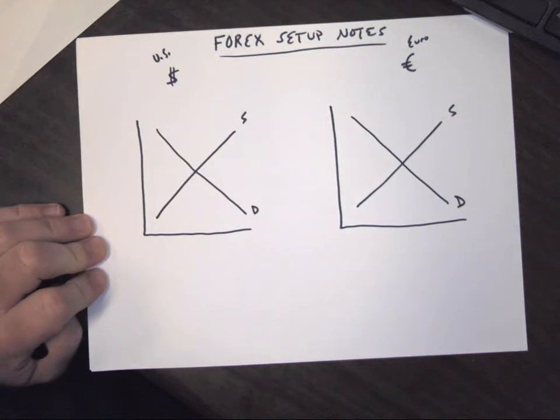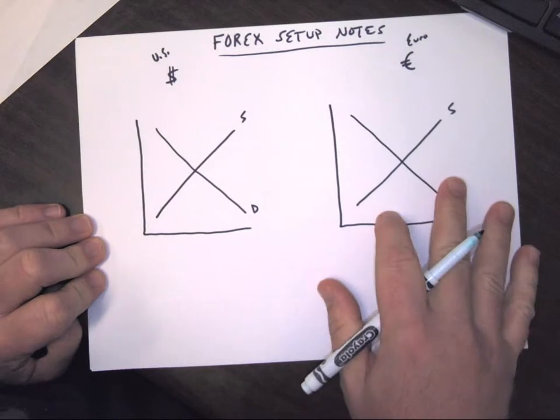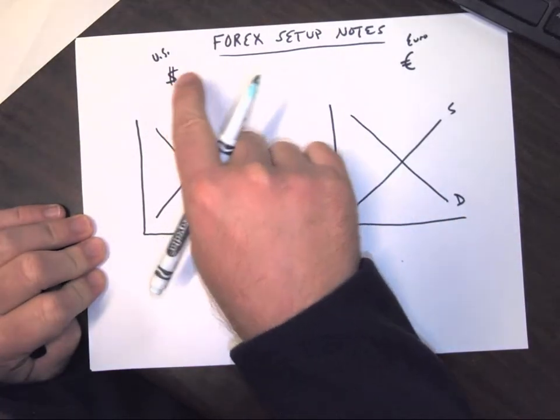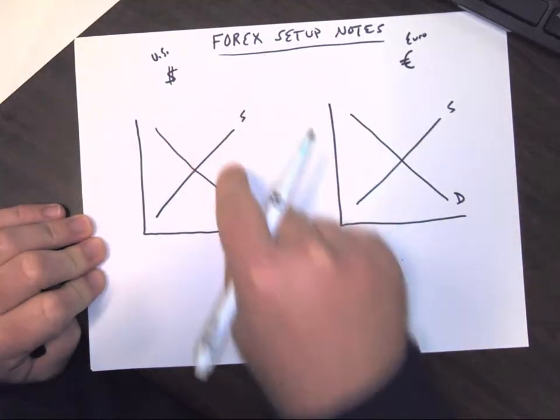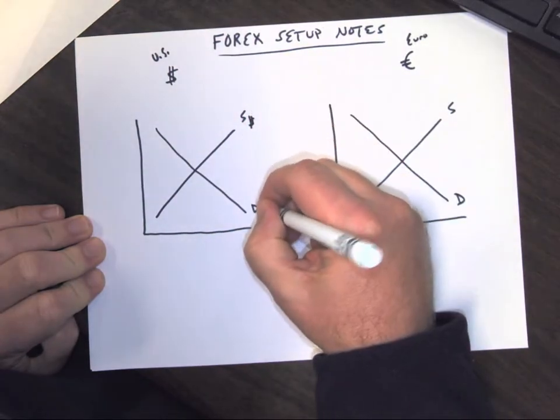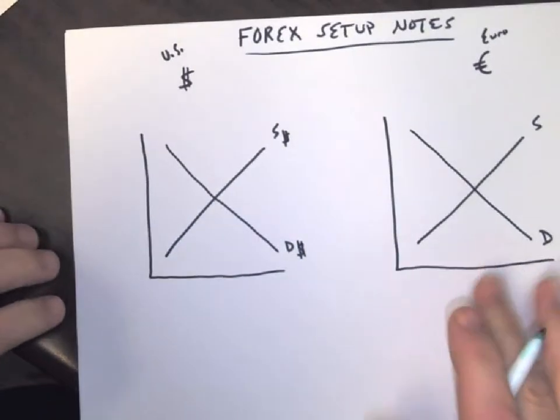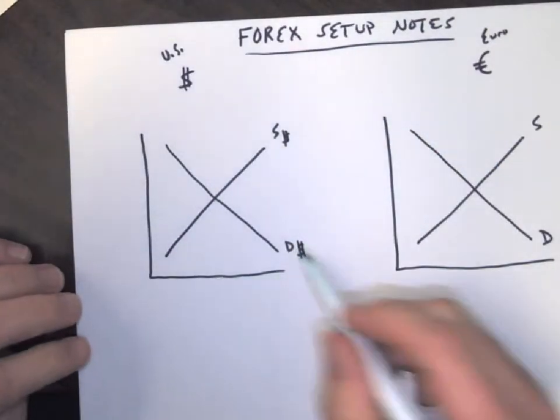Now, the easiest way to remember is whatever symbol or market that you're looking at, that is the denominator for everything. That means the dollar is going to go underneath everything. So this is going to be the supply of the dollar, the demand of the dollar. Let me zoom in a little bit. My marker's a little fat, so that's still the dollar.